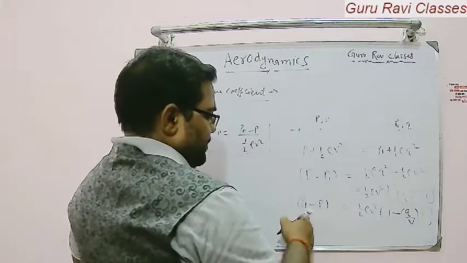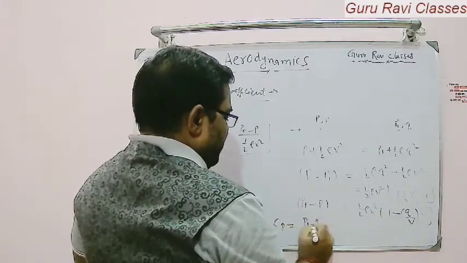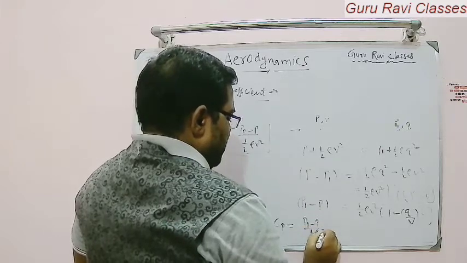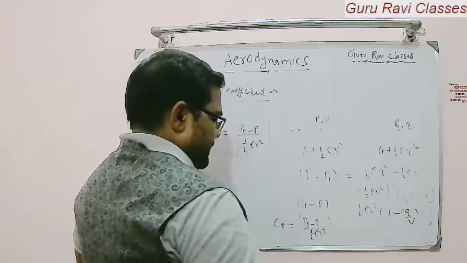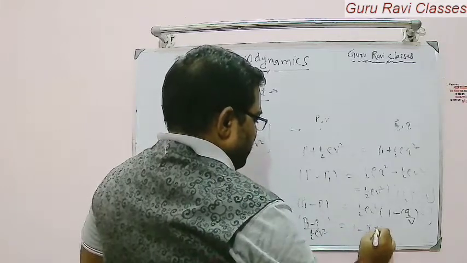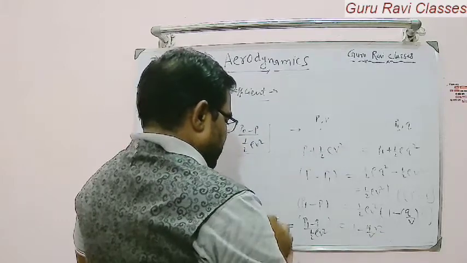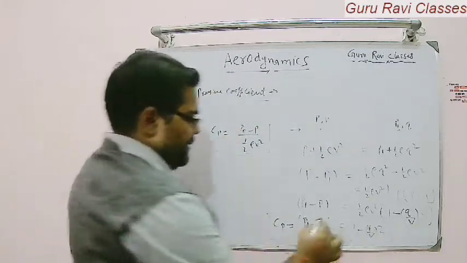Take this half rho V square here, and this becomes Cp. So P1 minus P divided by half rho V square is equal to 1 minus Q divided by V whole square.